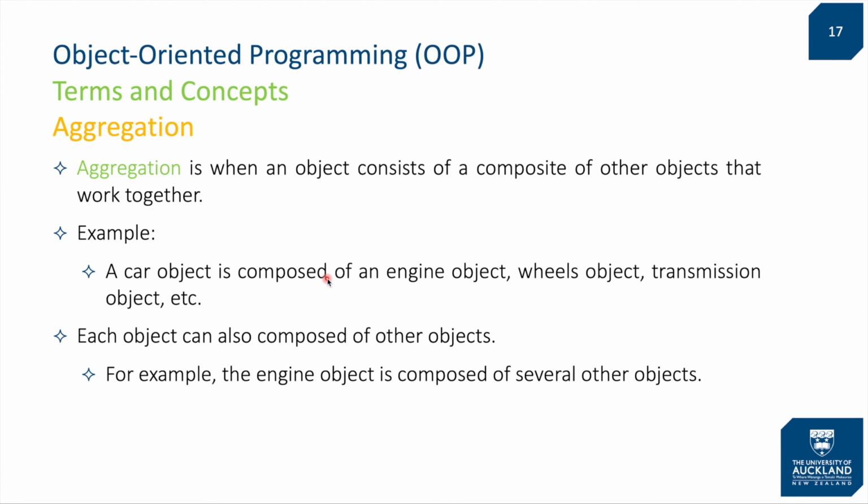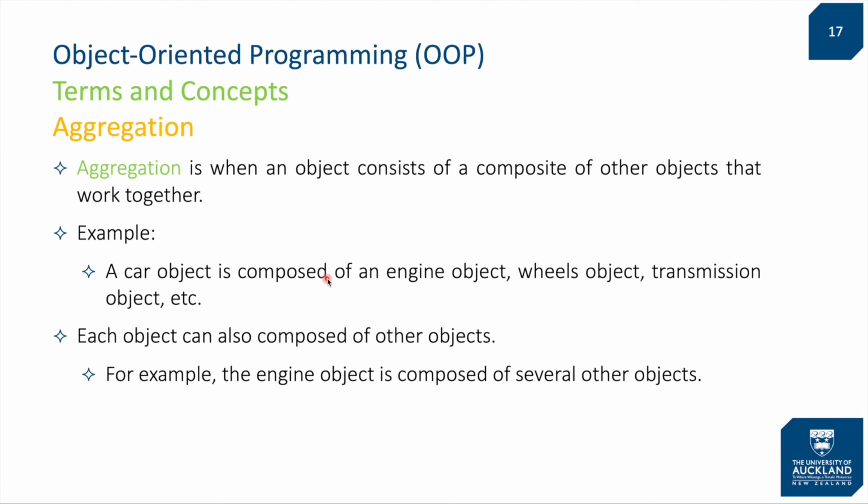So aggregation is a type of relationship when a bigger class is composed of multiple other classes. For example, in our analogy, the class bedroom is composed of a desk, a bed, a window, etc. Or for example, a car object can be composed of an engine object, wheels object, transmission object, etc. And even each of these other objects can be composed of other objects.